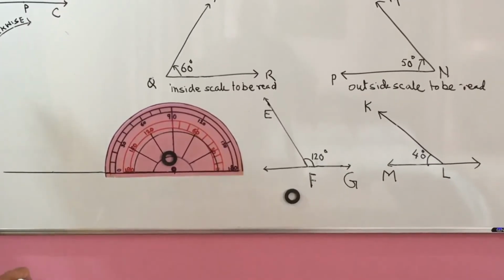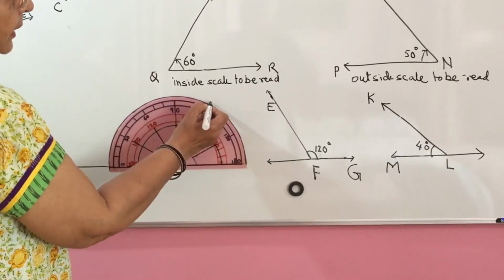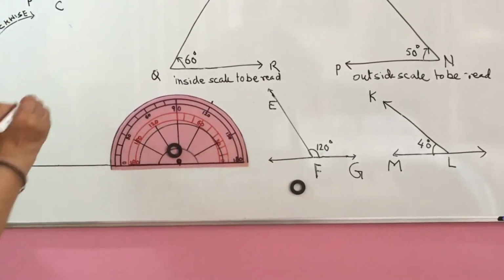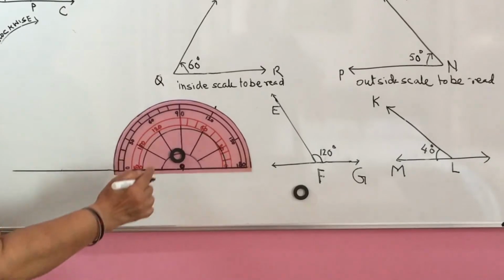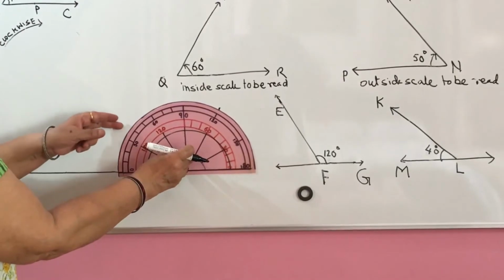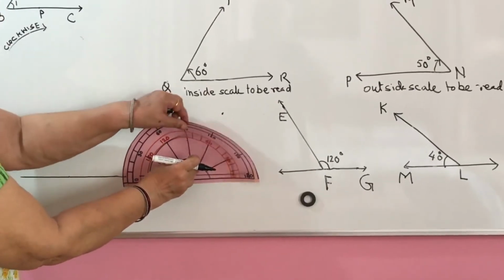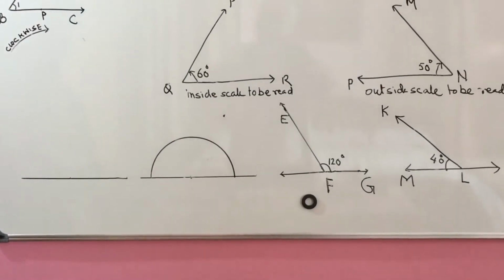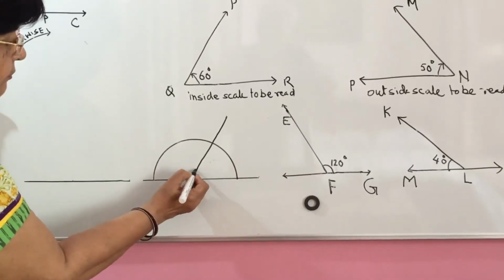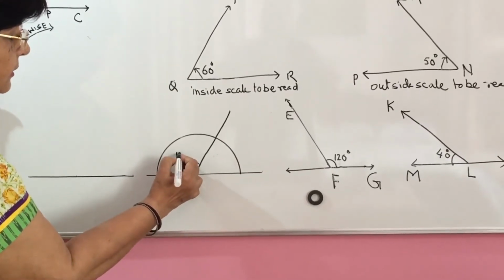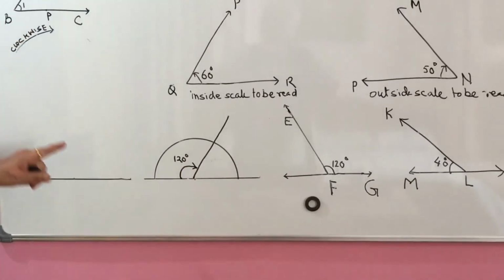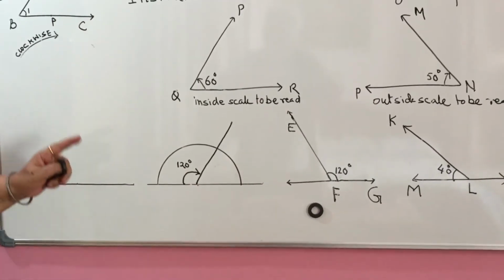So, I can put a point here because this is reading 120 degrees. Now, I have put a point here and I have measured the angle from 0 to 120 degrees. So, now what I do is remove the protractor, join this point with this point, and you will find that this angle is equal to 120 degrees clockwise as I have measured from the outside scale.